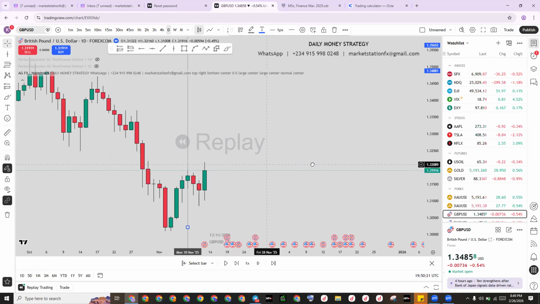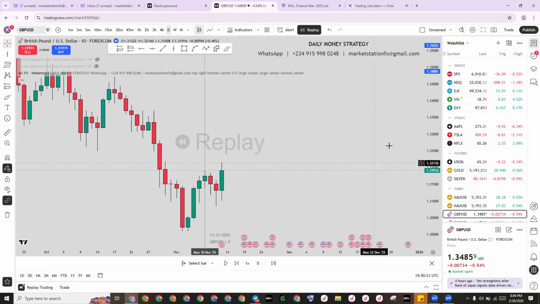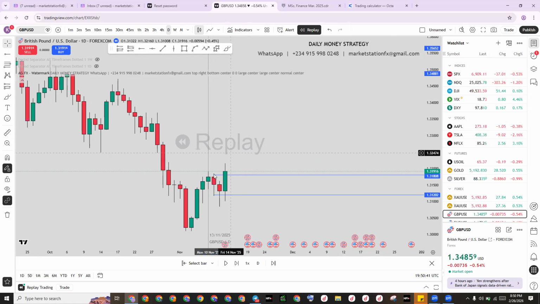So we want to look at the three candle model. In the three model, we have our CRT candle, right? This is the CRT low, and this is the CRT high. Is that taken? Can you see that?